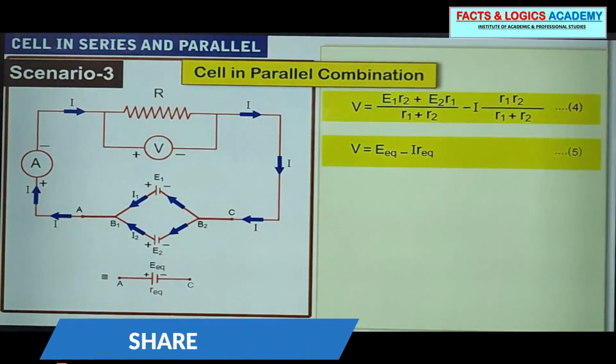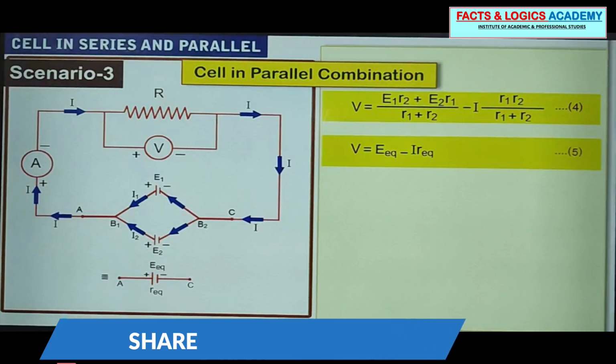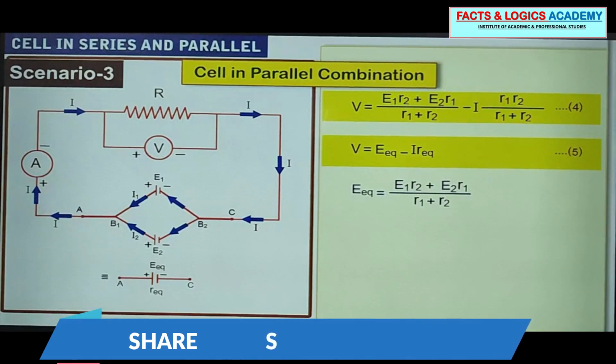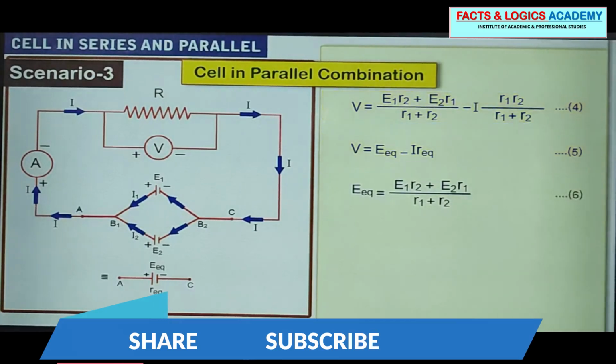From equations 4 and 5, we can write EEQ is equal to E1 R2 plus E2 R1 divided by R1 plus R2. Let us label this as equation 6. REQ is equal to R1 R2 divided by R1 plus R2. Let us label this as equation 7.